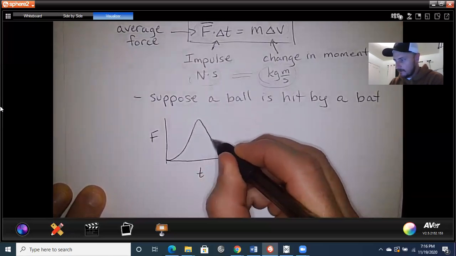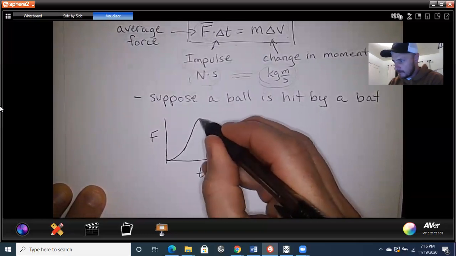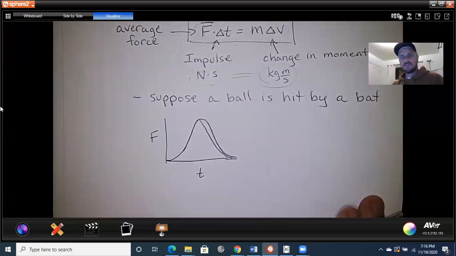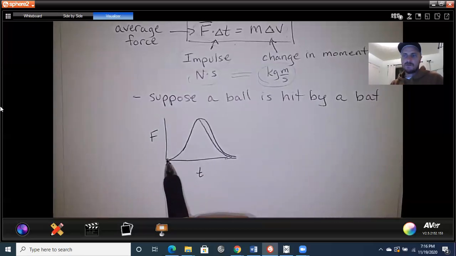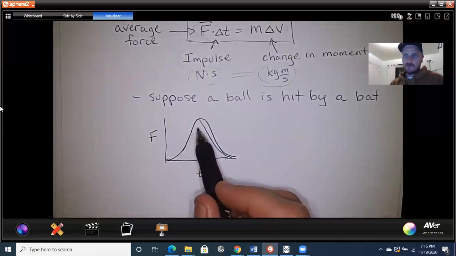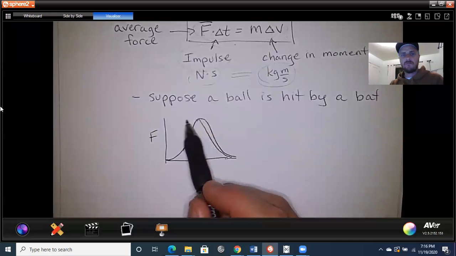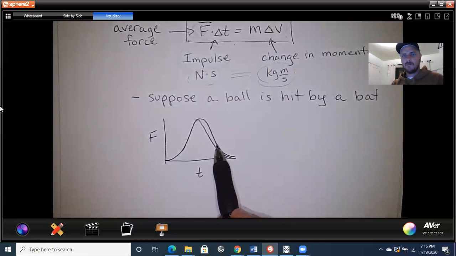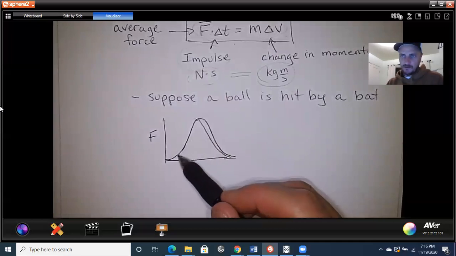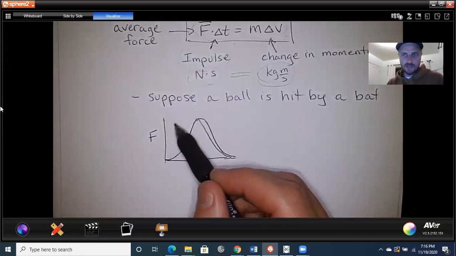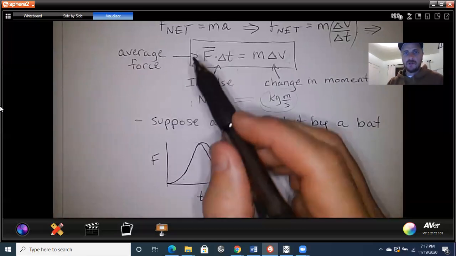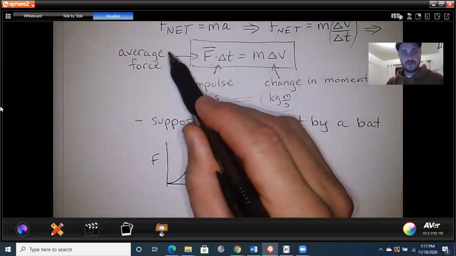You would get this curve, kind of like a bell curve like that. That's what you would see. There'd be practically no force when the bat was first coming in contact with the ball. Then when there was a maximum compression of the ball on the bat, you would have a maxed out force. And then as the ball left the bat, the force between the ball and the bat would drop off to zero again. Now, unless you're doing calculus, you can't deal with these instantaneous changes in forces. We are in algebra-based physics. And so the best we can do is use the average force, which is why that's there.